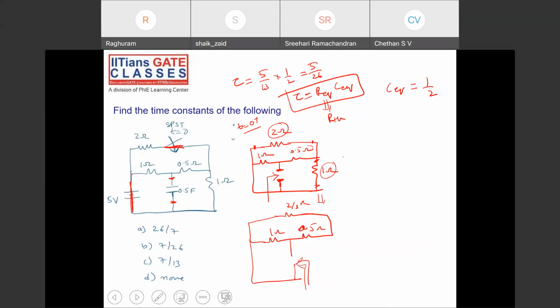See here, I'll draw it for you to understand. This is the capacitor terminals. I'll have a parallel here, 2 ohms and 1 ohm. Again, this is 1 ohm and 0.5.